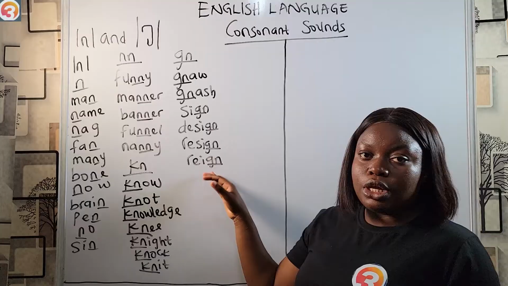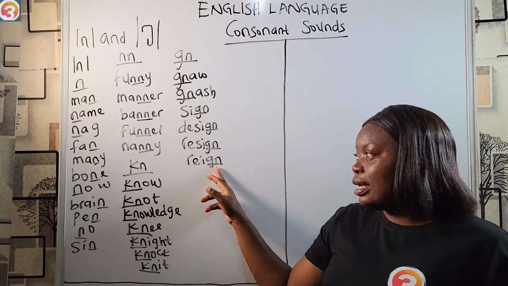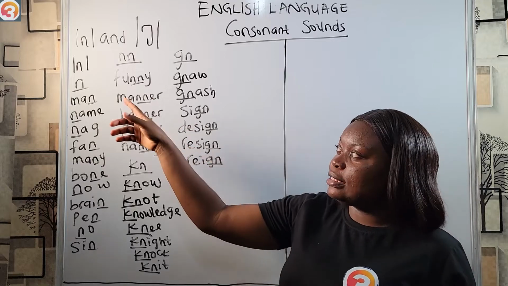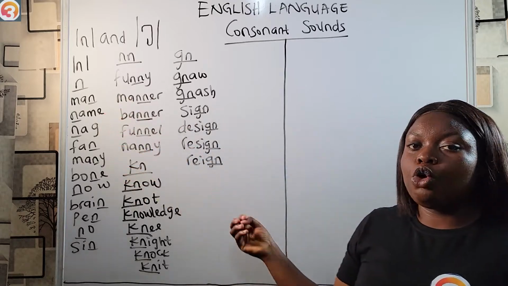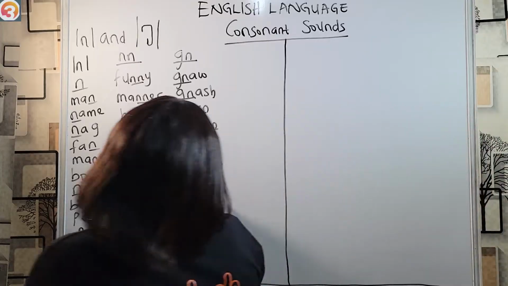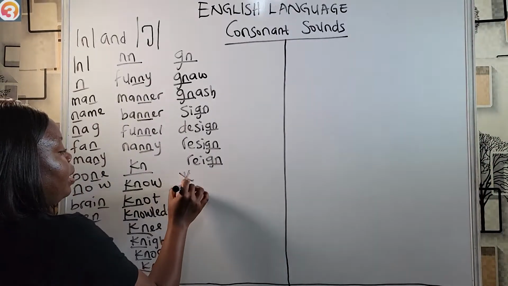We do not pronounce it, so we are only left with an N. Then, worthy of mention is that N is not pronounced if it comes at the end of a word after letter M. So these are words that we look out for.